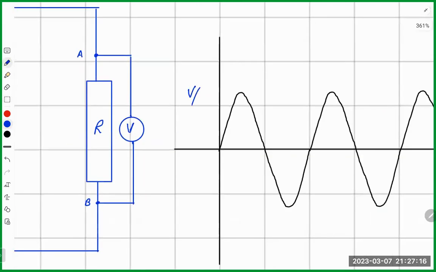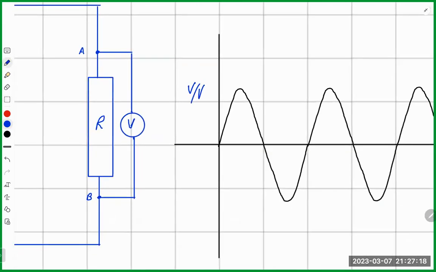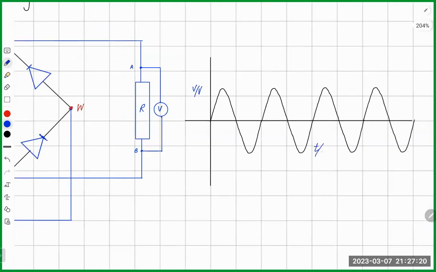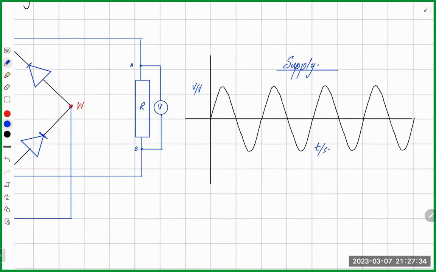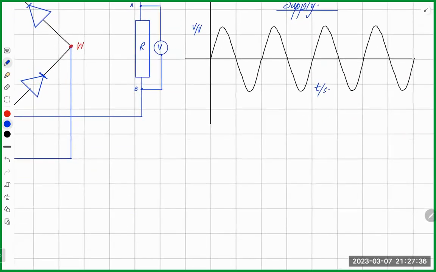This is voltage in volts. This is time in seconds. This is the supply.